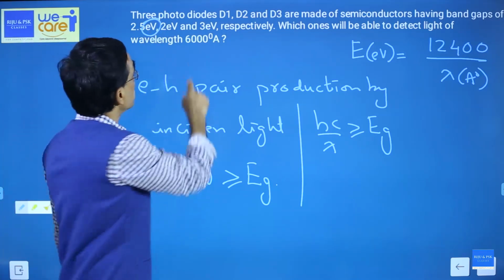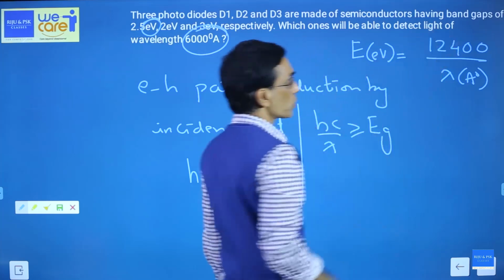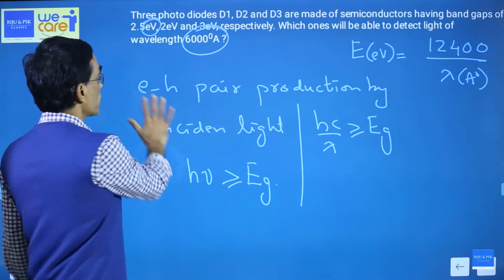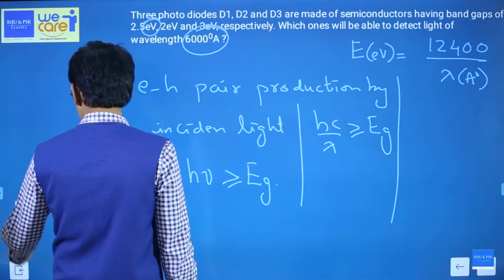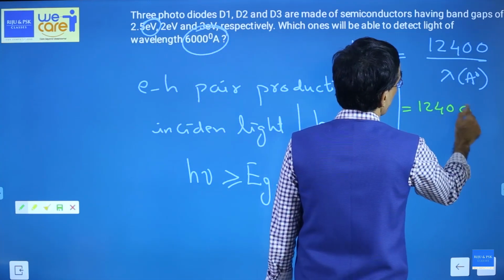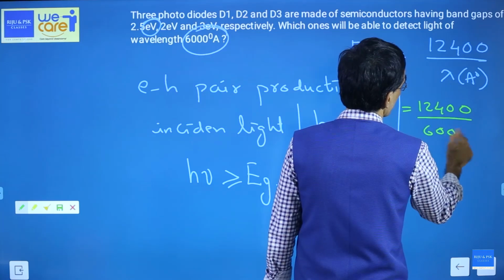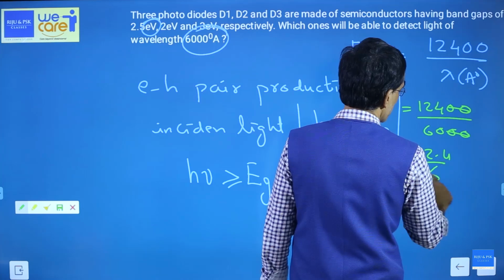So the energy of this wavelength can be calculated in electron volt using the shortcut equation 12,400 by wavelength in Angstrom. So let us calculate the energy first. What is that energy? This is equal to 12,400 divided by 6,000. So that is 12.4 divided by 6.